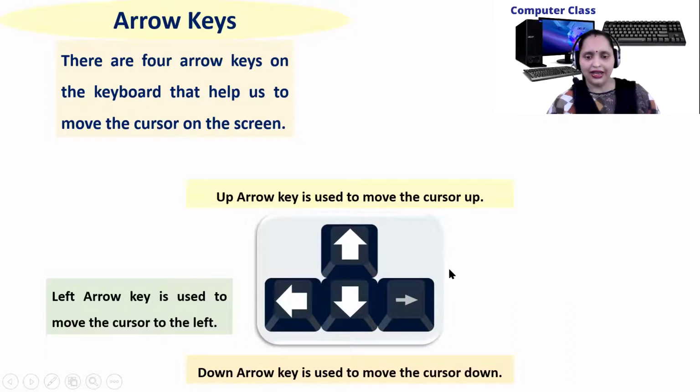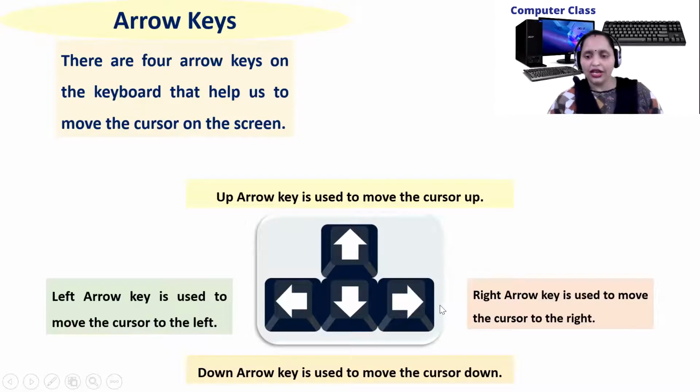Next, the right arrow key is used to move the cursor to the right. Whenever I press this right arrow key, our cursor will move towards the right side. Okay, children?